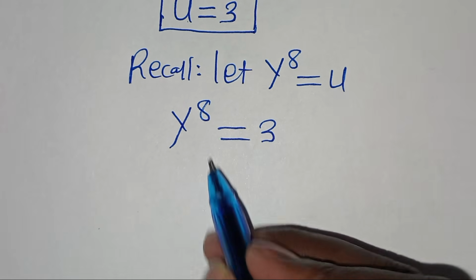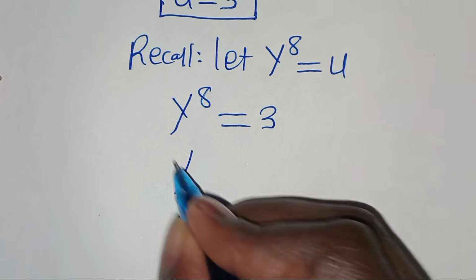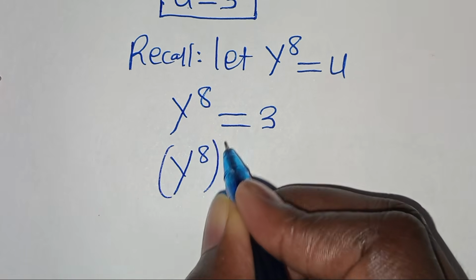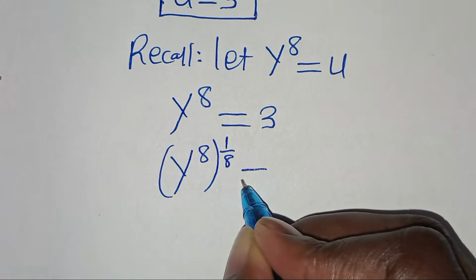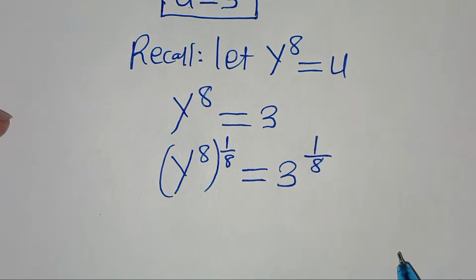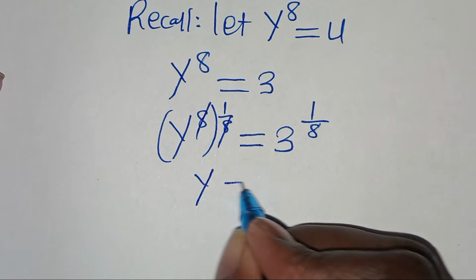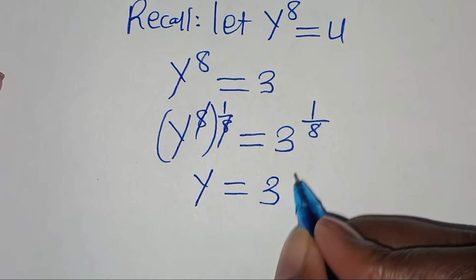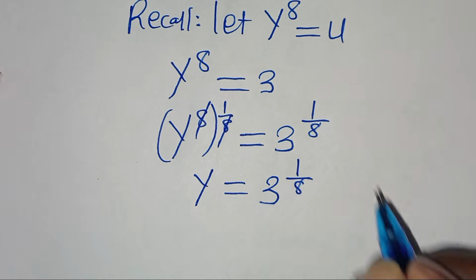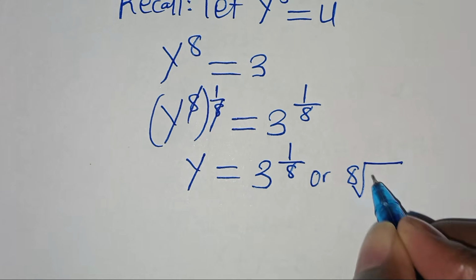Now, to solve for y, let's raise to the power of 1 over 8 on both sides. So this is equal to 3 to the power of 1 over 8. If you simplify here, we have y is equal to 3 to the power of 1 over 8, or this is the 8th root of 3.